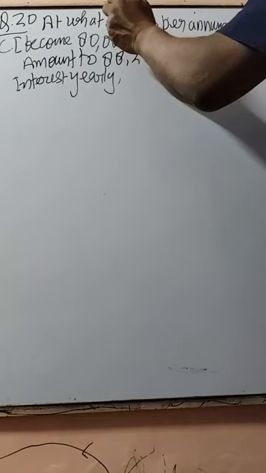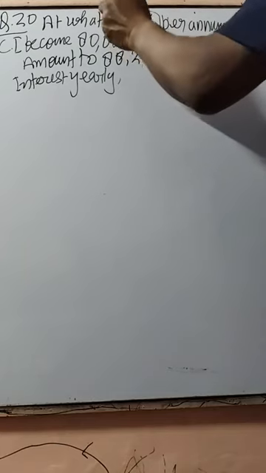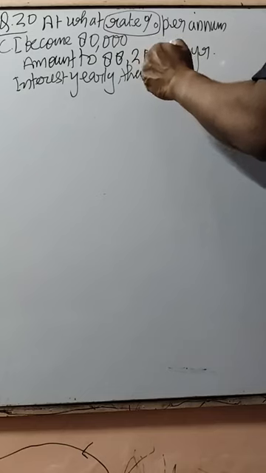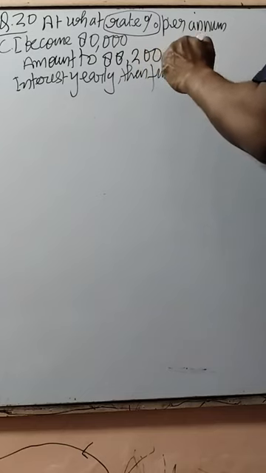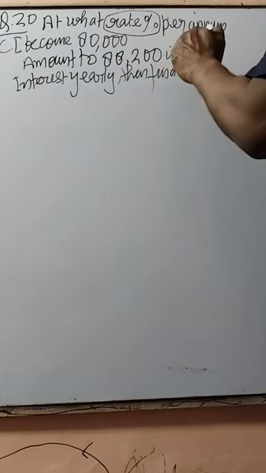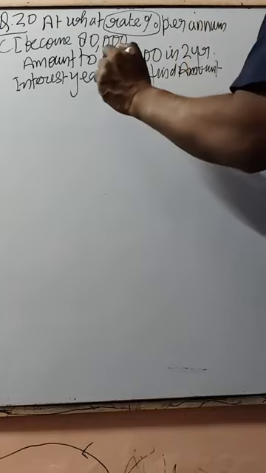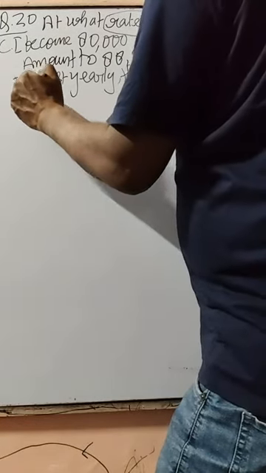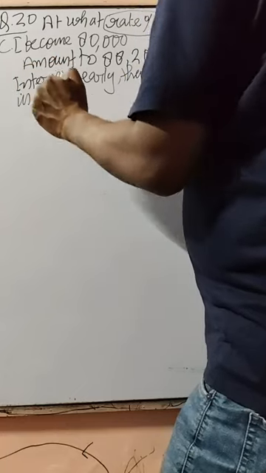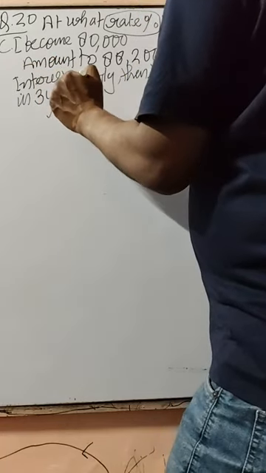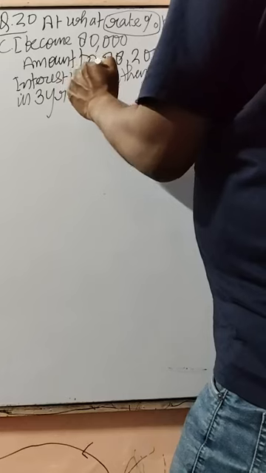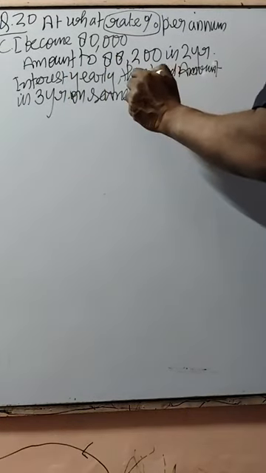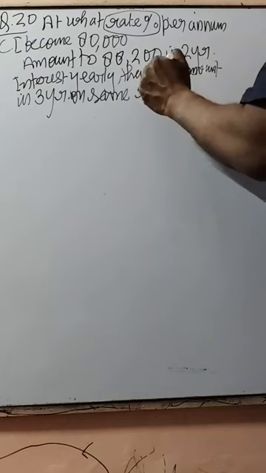First find the rate of interest, rate percent, then find the amount in 3 years on the same rate.